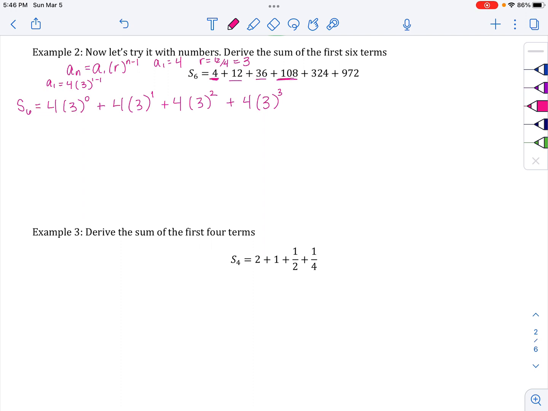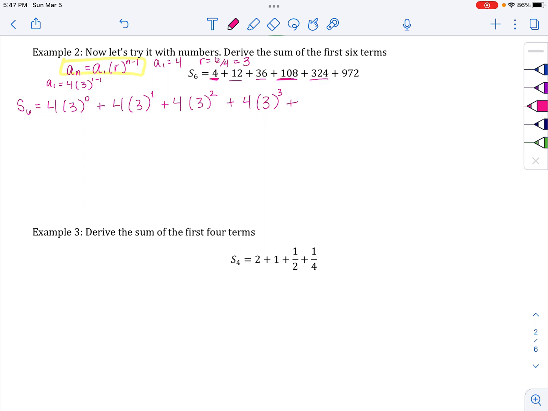Just so you know, as I'm rewriting all of these, you can always check your work when you get to certain steps here, right? Like if I plug into my calculator 4 times 3 to the third power, it still equals 108. So I'm just rewriting them using, again, this formula right here, so they are all in this form. Still the same numbers, though.